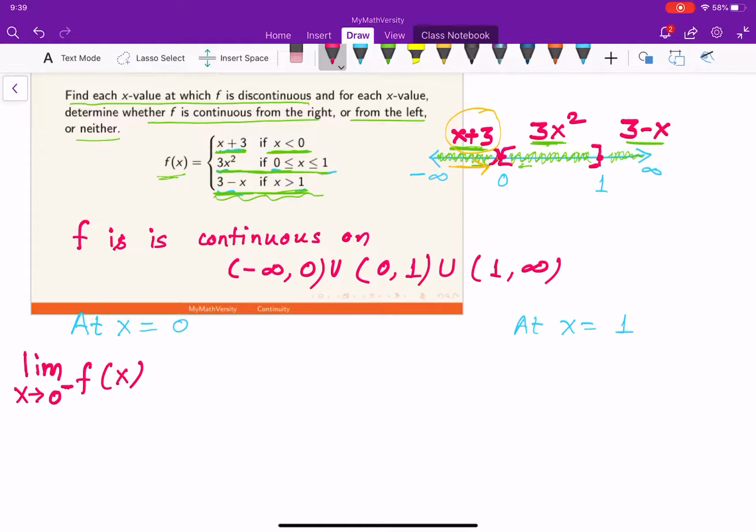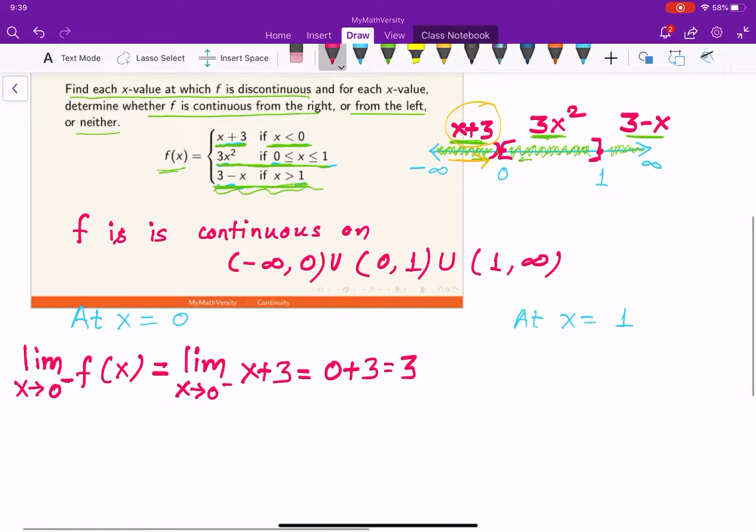So I just need to look into how the x plus 3 function behaves when x gets closer and closer to 0 from the left side. Since x plus 3 is a polynomial, by using the direct substitution property, x plus 3 just approaches 3 when x gets closer and closer to 0 from the left side.